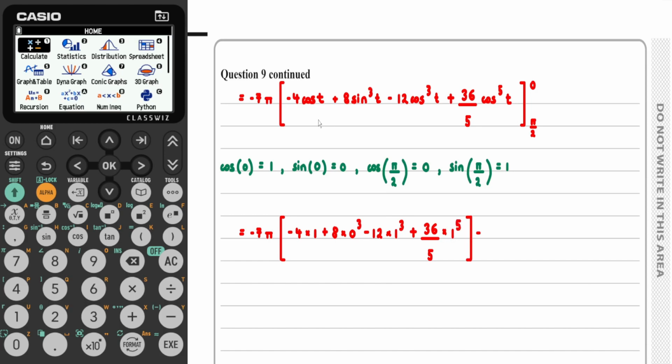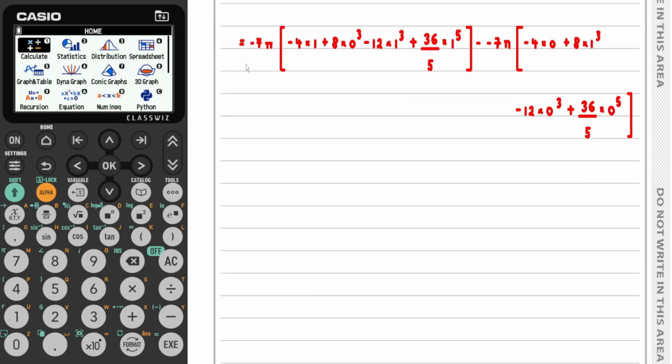And then I subtract from this. Well, I've got this negative 7 pi, and then I've got negative 4 cos t, so that's going to be negative 4 times 0, plus 8 times 1 cubed, subtract 12 times 0 cubed, plus 36 over 5 times 0 to the 5.